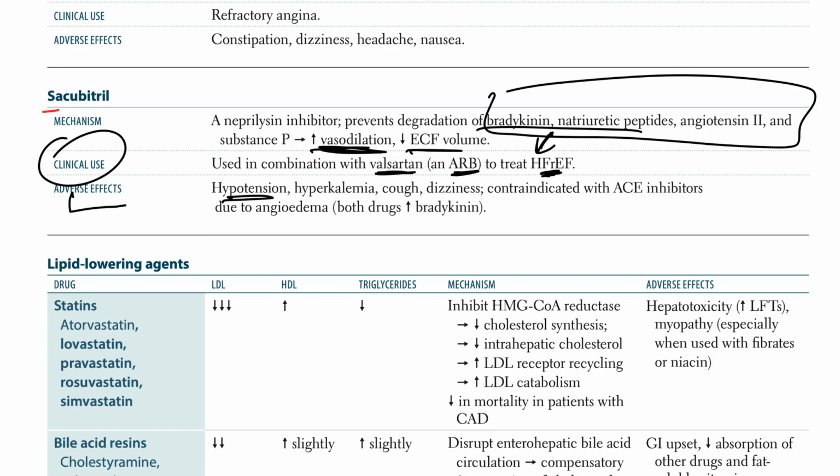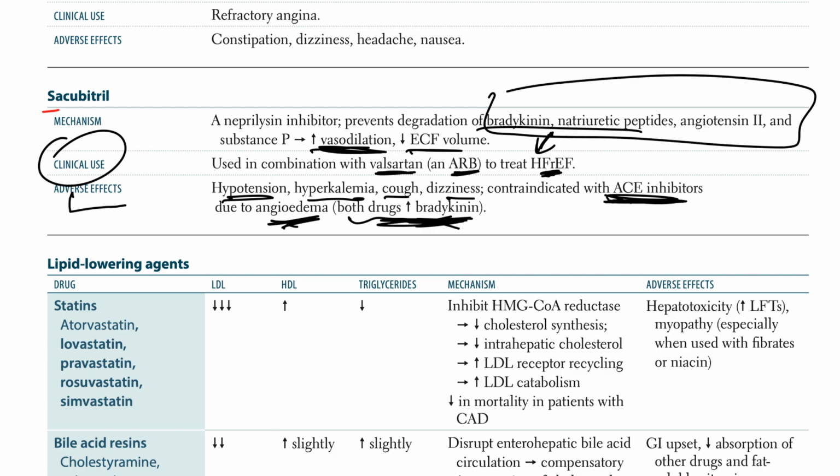They will cause hypotension, hyperkalemia, cough, dizziness. It is contraindicated with ACE inhibitors due to angioedema. Both drugs increase the bradykinin. That is why you do not give ACE inhibitors with it. Okay.